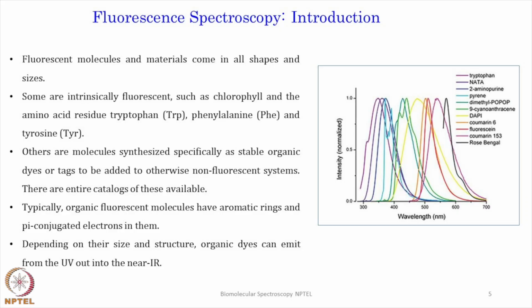If you look at the right hand, these are different fluorophores and their emission spectra, changing all over the wavelength from blue all the way to near-IR. That is the emission spectrum of the fluorophores.